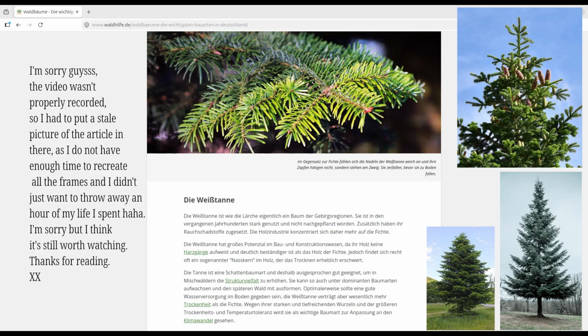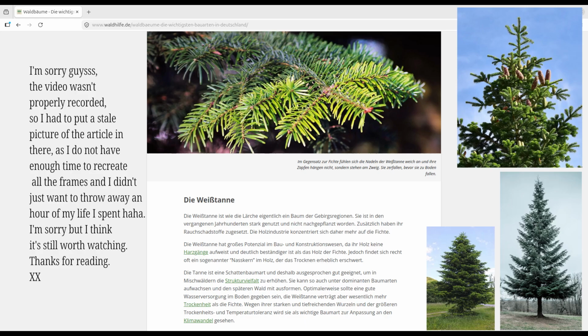And Gebirgsregionen, so mountain range region or mountain region. So die Weißtanne ist wie die Lärche eigentlich ein Baum der Gebirgsregionen means the silver fir is like the larch, generally a tree of the mountain regions. The singular form would be without the en, which is, I think, the most common plural form in German.